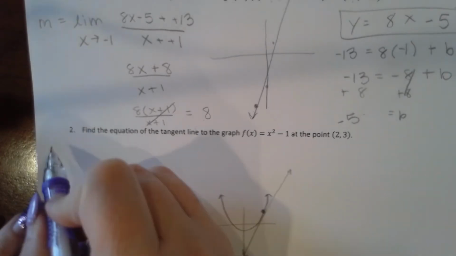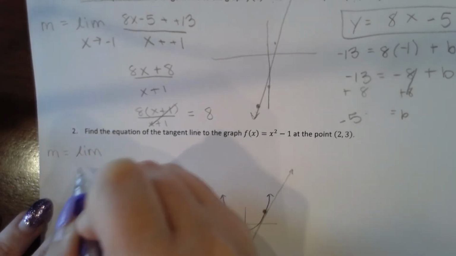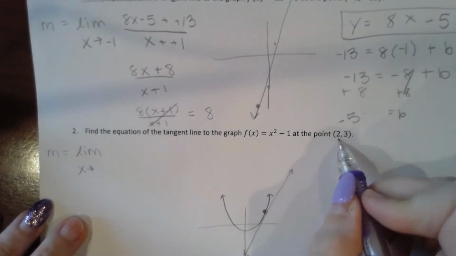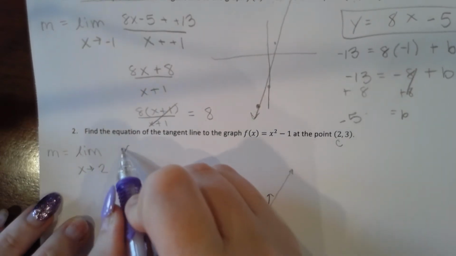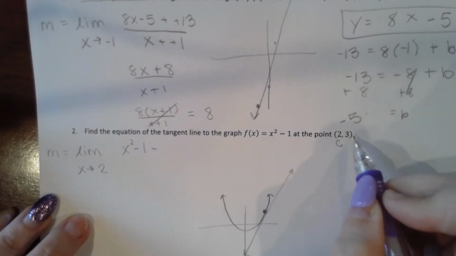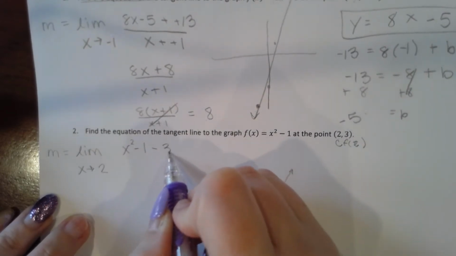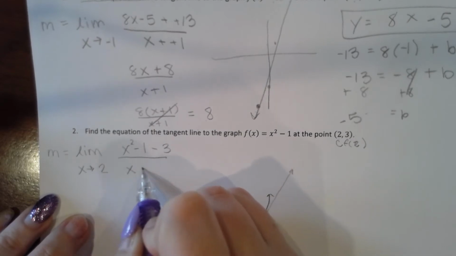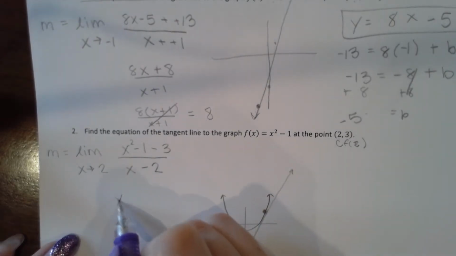So our first thing is we have to find the slope. So m equals the limit as x is approaching c of f of x minus f of c all over x minus c. Combine your like terms.